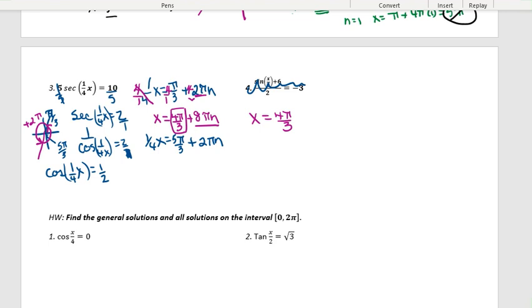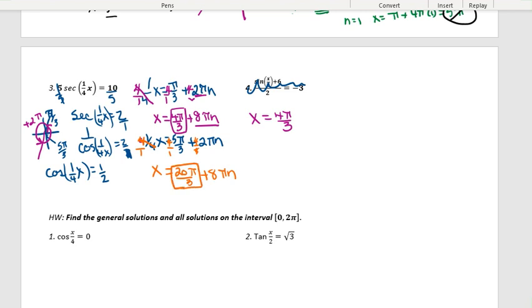So over here, I'm going to multiply both sides by 4 over 1. Those cancel, and I have x is equal to 20 pi over 3 plus 8 pi n. Usually this is one of our possible answers.